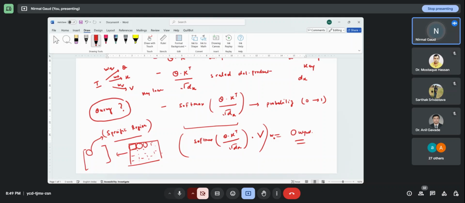This is a location, location, location. These are the spatial locations. We have a vector representation of that. That will be the value, because it's a value, right? So that will be a vector. So query is some specific location, key will be spatial location. Spatial means width into height.